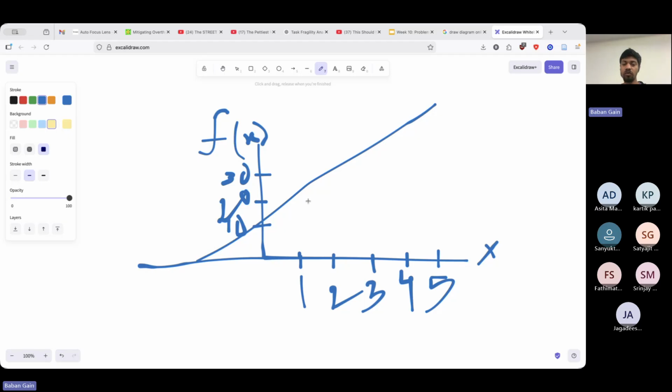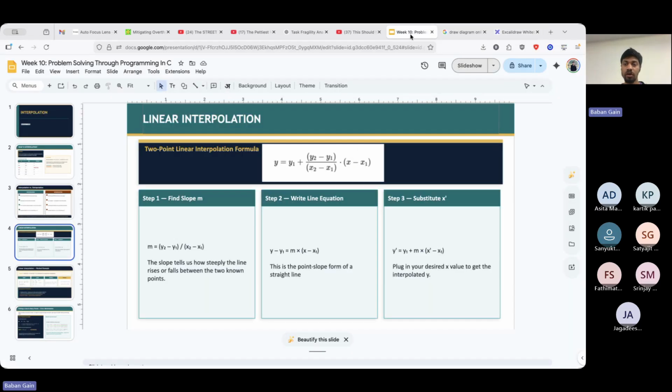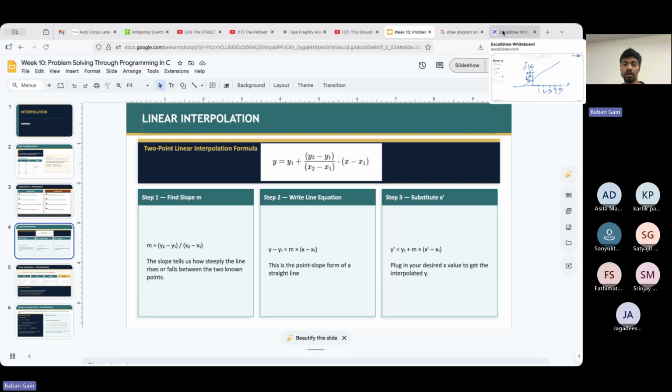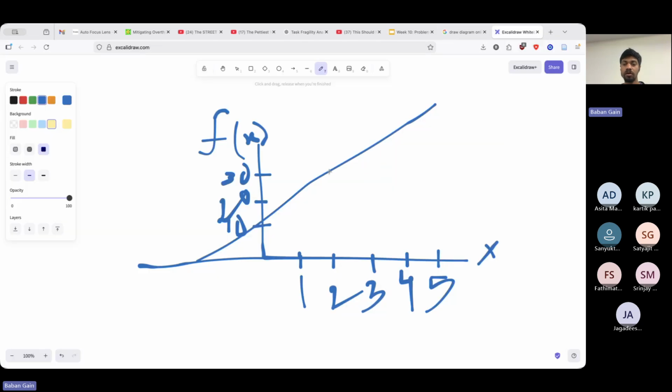Let's say you want to find a value of y somewhere around here, but you have two other points. One is 1 and the other is 3.